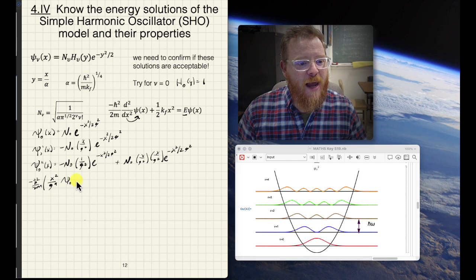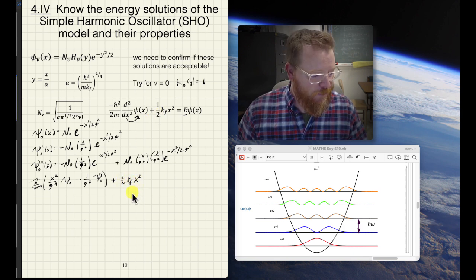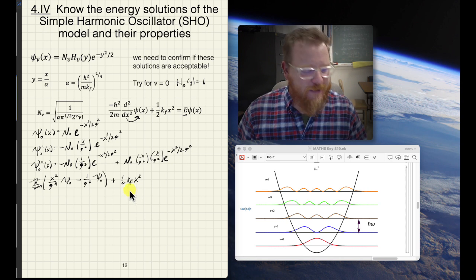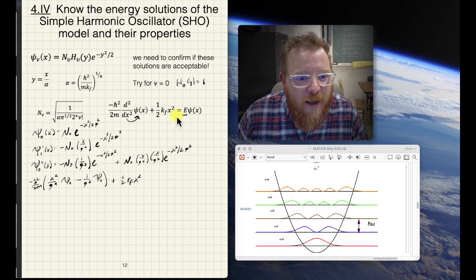Okay, so then now I'll say minus, and I'll put this term in here. And we've got 1 over alpha squared times the original wave function. Okay, so now we can say plus 1/2 times k x squared. And let's see. Oh, how about that? I was missing a psi in there.